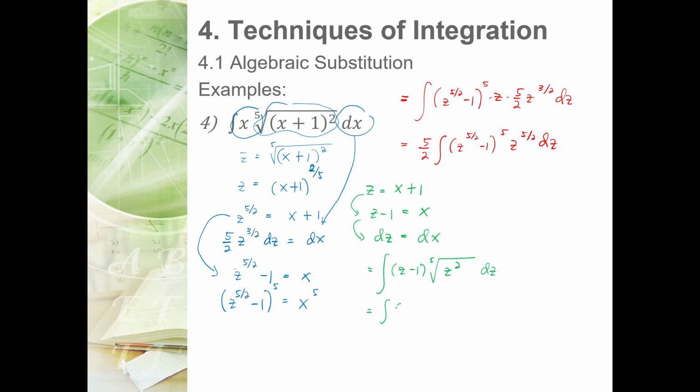So we now have z minus 1, then z to the power of 2/5 dz. So it looks easier compared to earlier because we can distribute this inside the parenthesis.